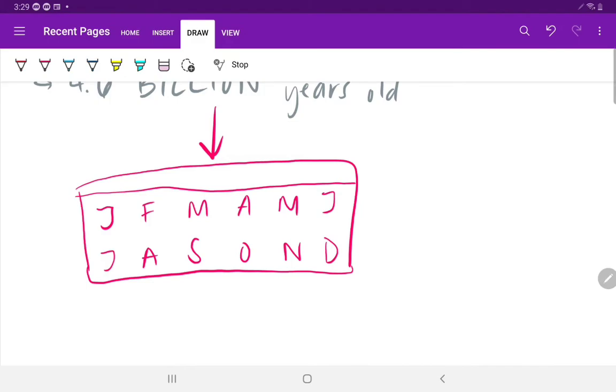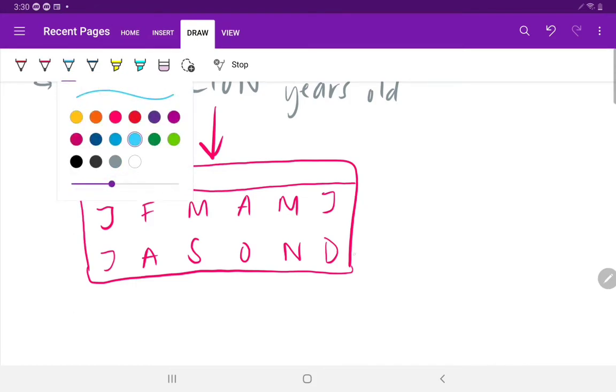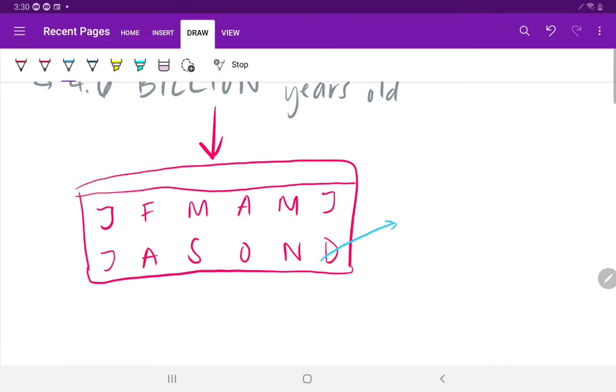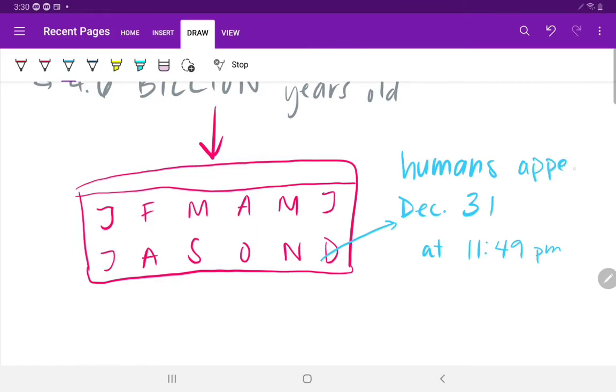We gave the example of a human civilization that occurred thousands of years ago being ancient. Well, if Earth's history was one entire year, humans would actually appear in December, and not just in December, but on December 31st at 11:49 p.m. So humans have only lived on Earth for 11 minutes out of an entire year.